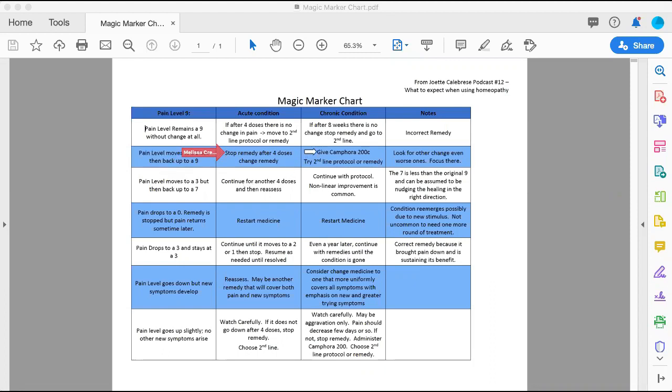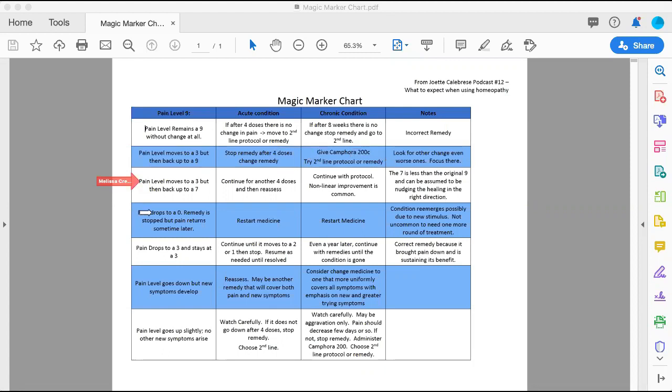So that's a tricky thing to figure out sometimes. In a chronic condition, she says to give camphora 200 and then try the second line protocol. What we're looking for is look for other changes, even worse ones, and focus there.